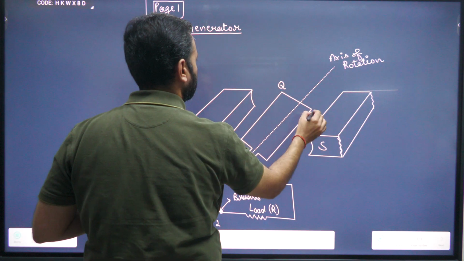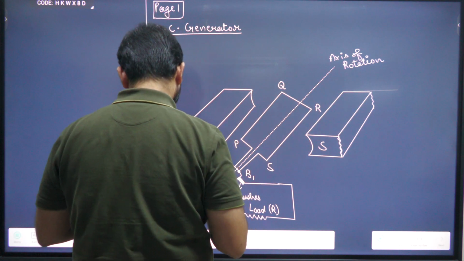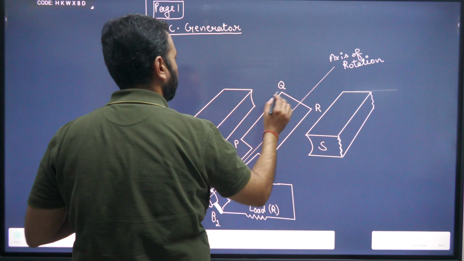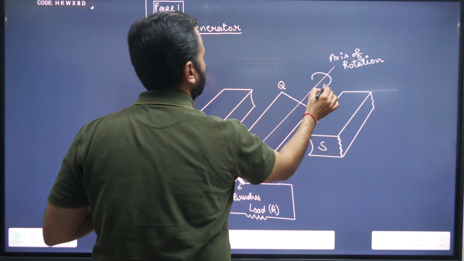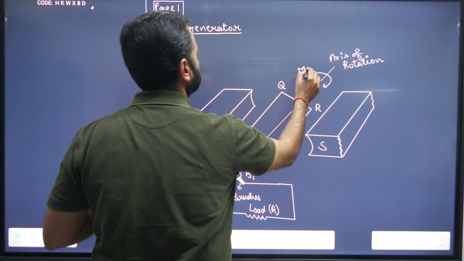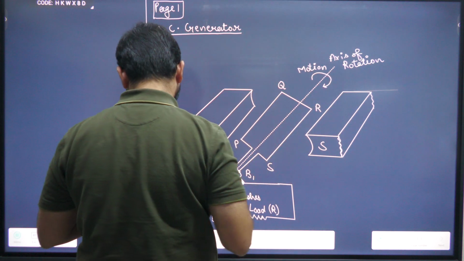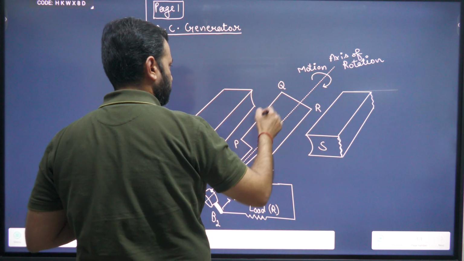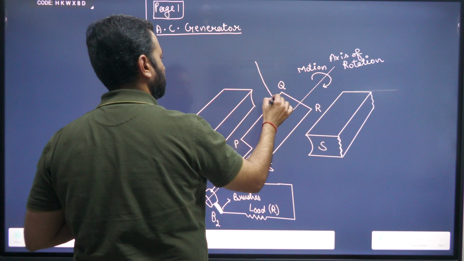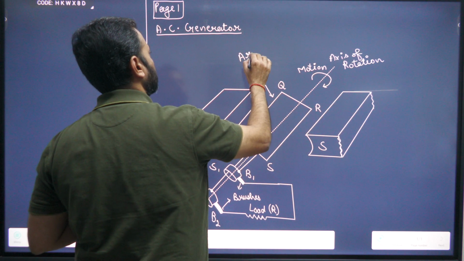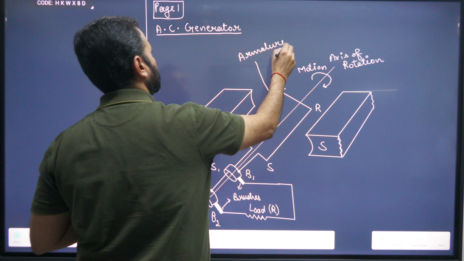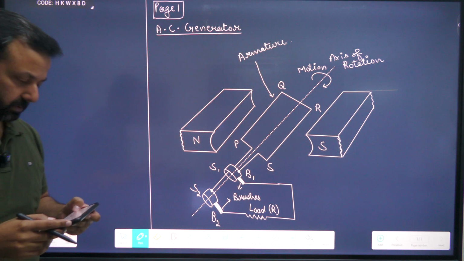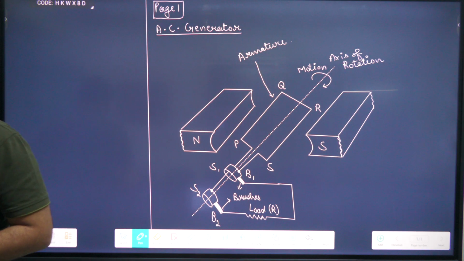P, Q, R, S. Motion is like this, and this is PQ and this is RS. This is called the armature. So this is how an AC generator looks from inside.